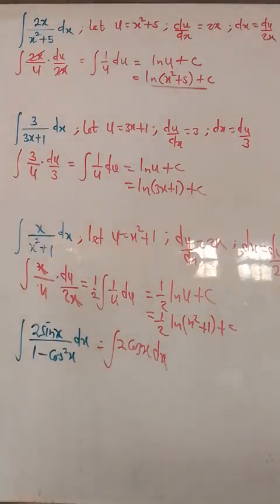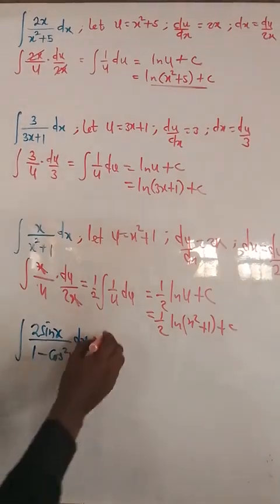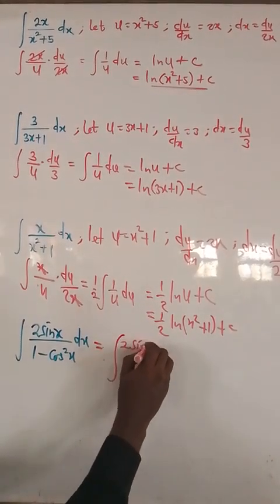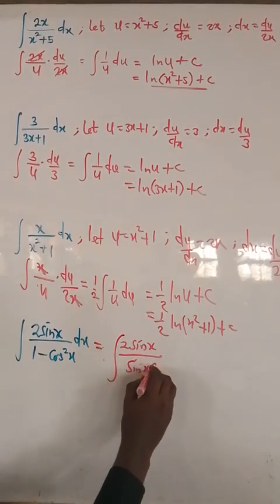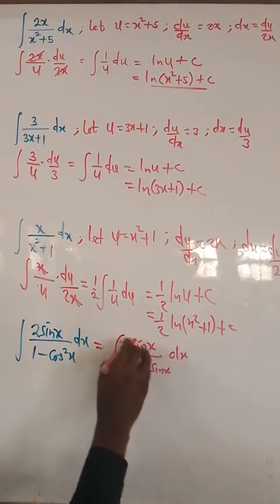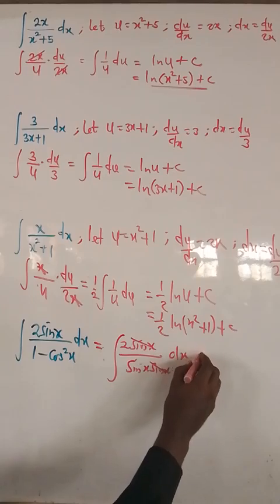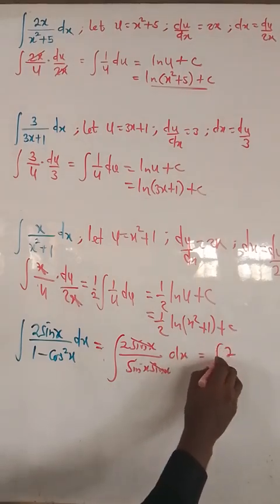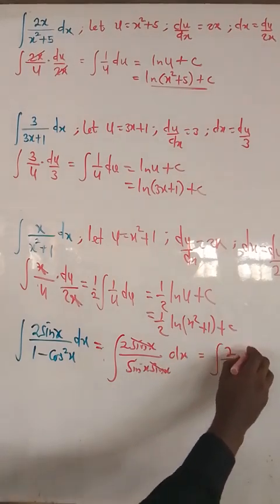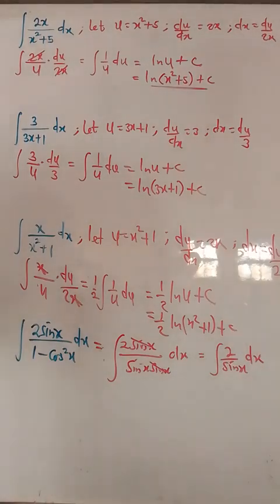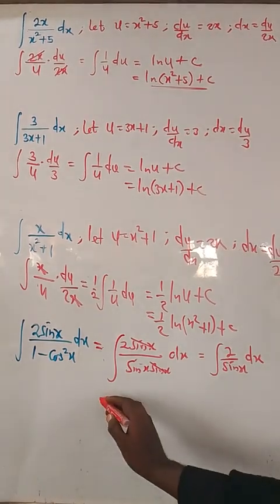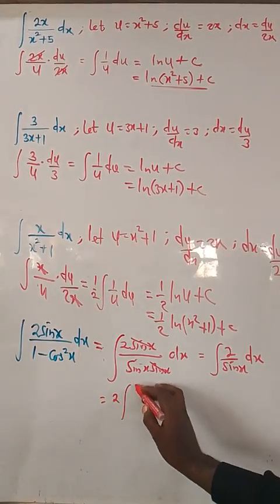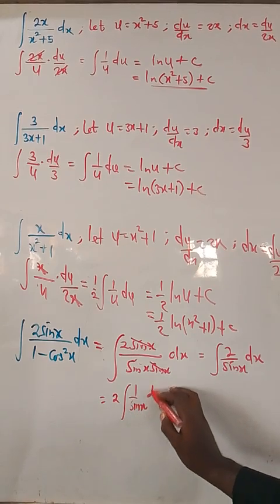Okay, let's show it out. There might be a mistake here. So this is the integral of 2 over sin x. 1 minus cos square x is sin square x, which is sin x dx. Take this out. So this becomes 2 over sin x dx. How do we do this? For this, we can say this is the same thing as 2 times the integral of 1 over sin x dx.